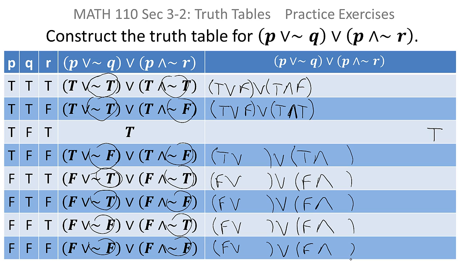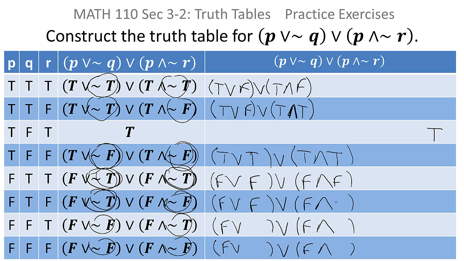Okay. So now I can see that this not false becomes a true, and this not false becomes a true, and this not true becomes a false, this not true becomes a false, this not true becomes a false.